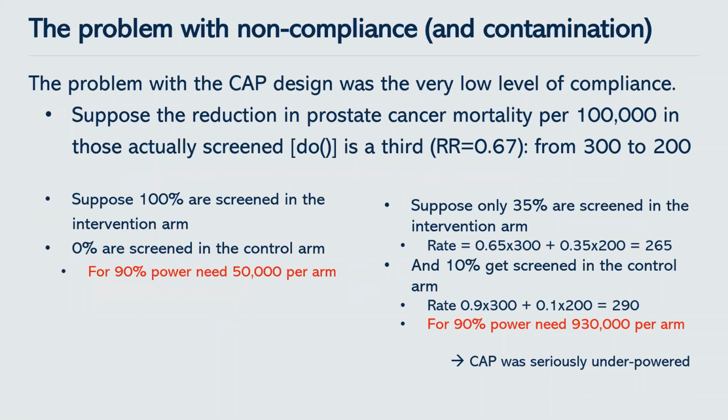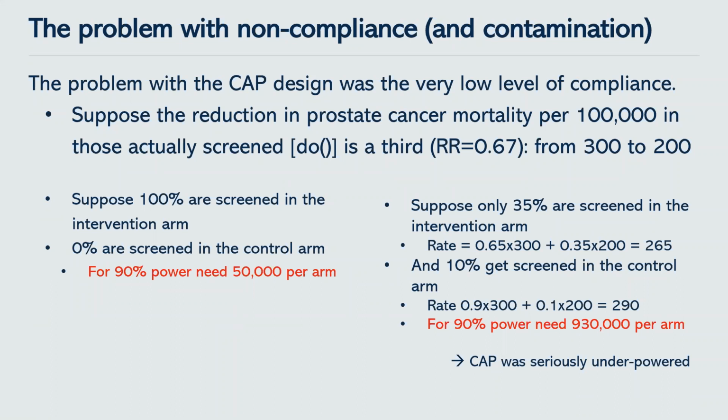Whereas with 35% compliance with the offer and 10% contamination, you'd need 930,000 men in each arm, which suggests that CAP was seriously underpowered. It had less than a quarter of those numbers.